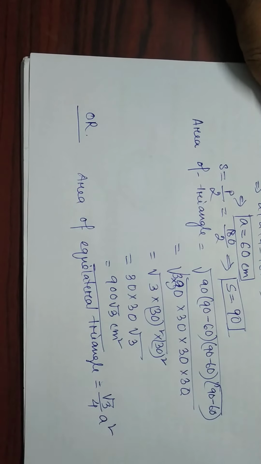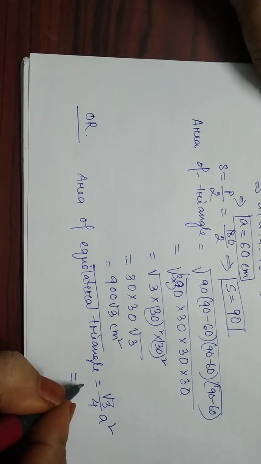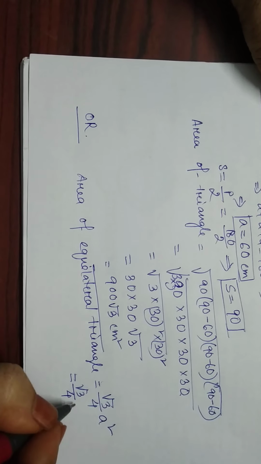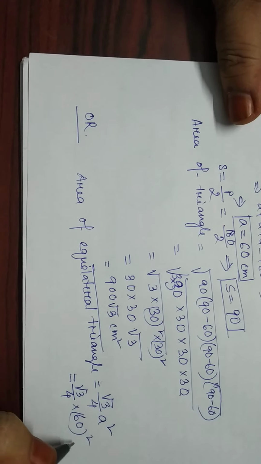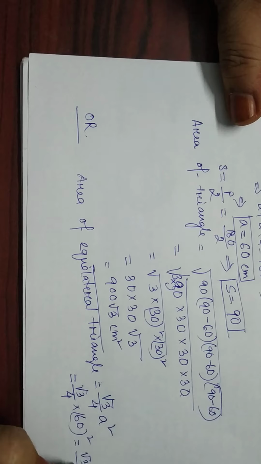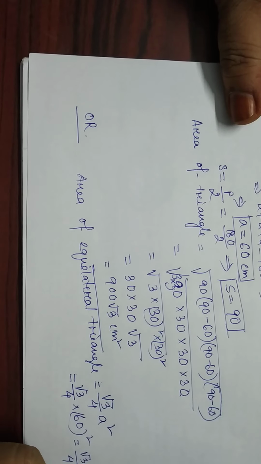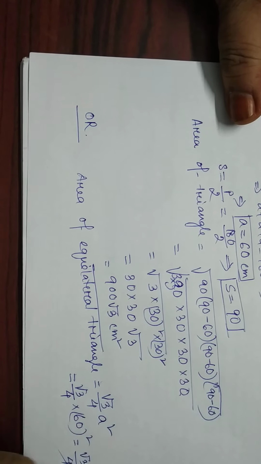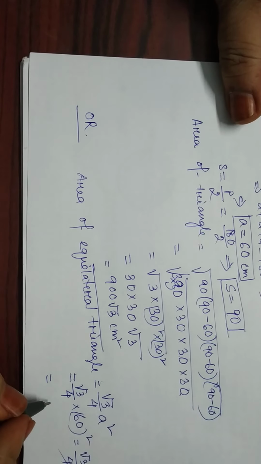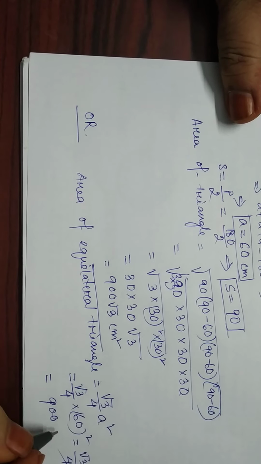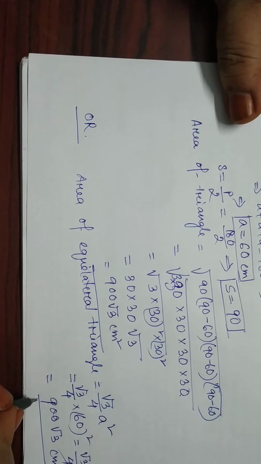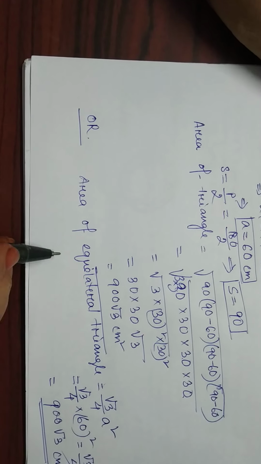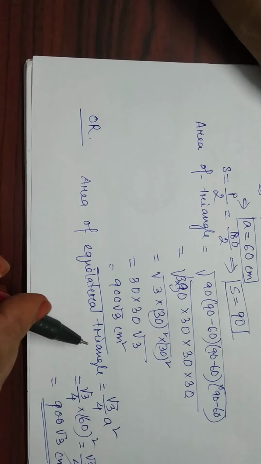Now if we put the value, a means 60 square. That means root 3 by 4 into 3600. If we cancel, then 900 will come. Therefore area will be how much? 900 root 3 centimeter square.